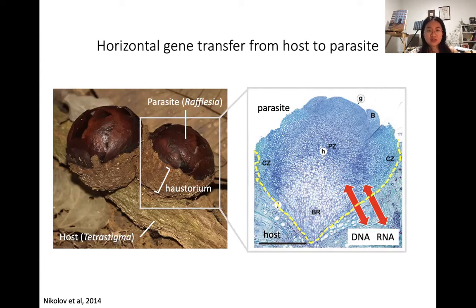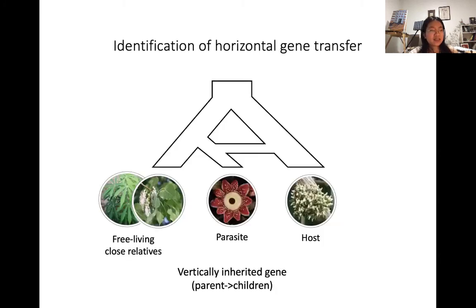As a result, it creates opportunity for horizontal gene transfer, meaning that genes from the host will be transferred to the parasite and fixed in the genome of the parasite. The gold standard to identify horizontal gene transfer is to use phylogeny, namely evolutionary gene trees, to identify such genes.